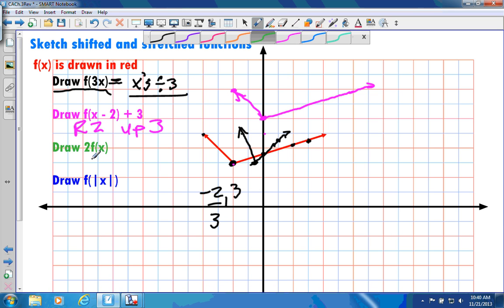For our green one, what's going to happen? Okay, the y's are going to be affected. They have to be multiplied by 2 because it's not with the y. And so this coordinate of negative 2, 3 is now going to become a negative 2, 6.